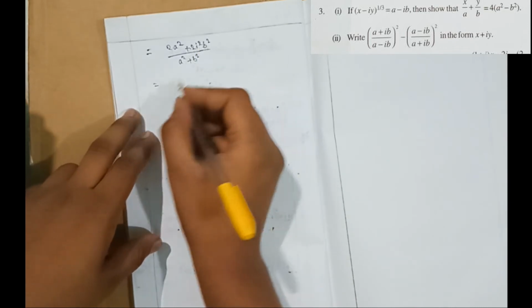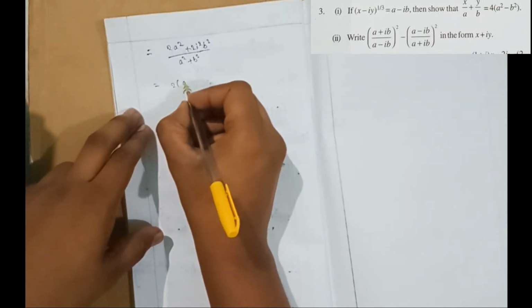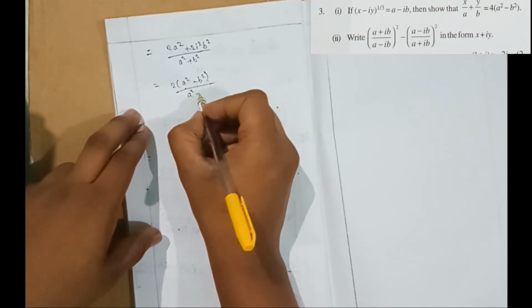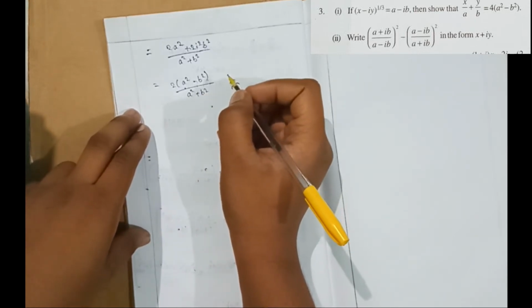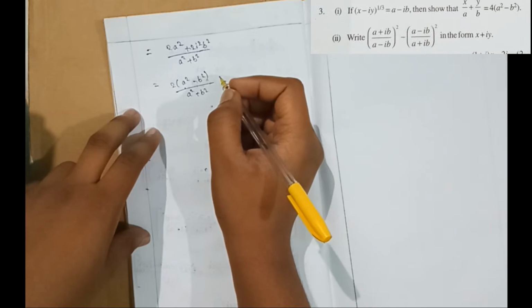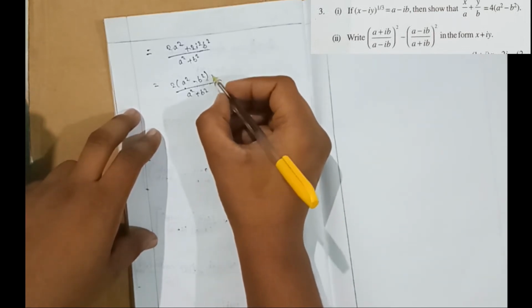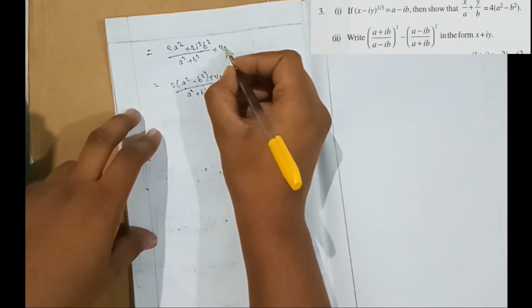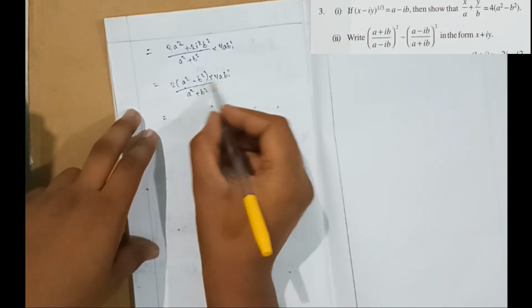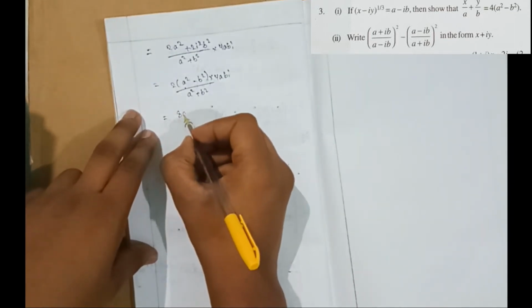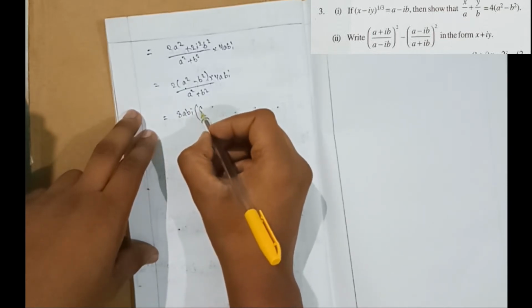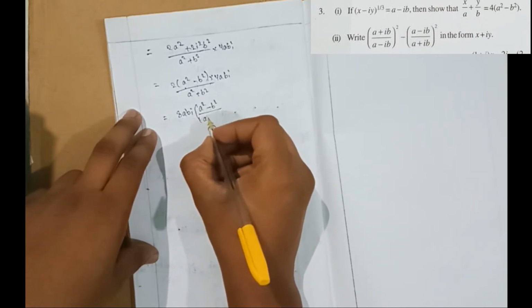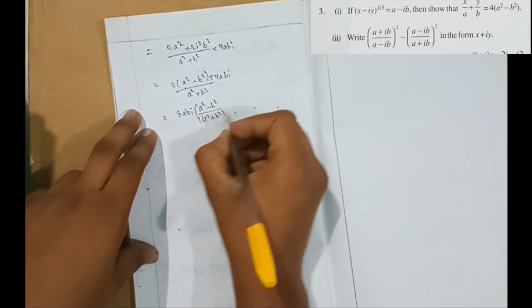So here my i square, so it will become 2 of a square minus b square by a square plus b square. And this into 4abi. Now we have to multiply these two, so it will become 8abi of a square minus b square by a square plus b square whole square.